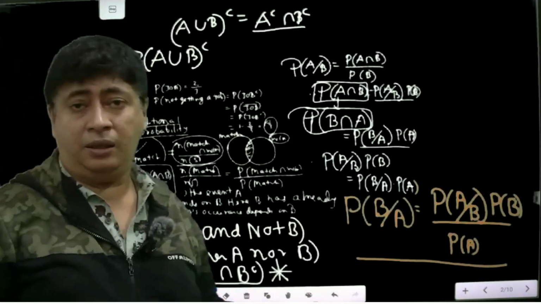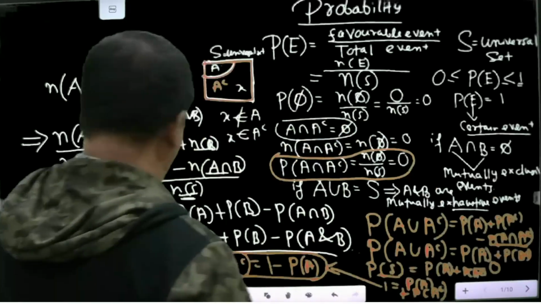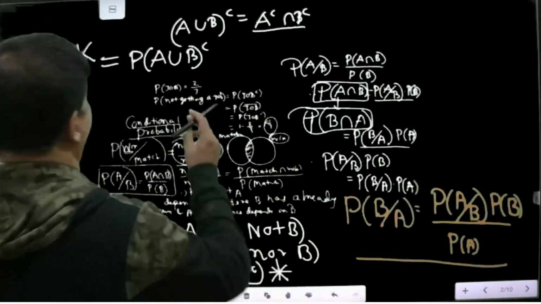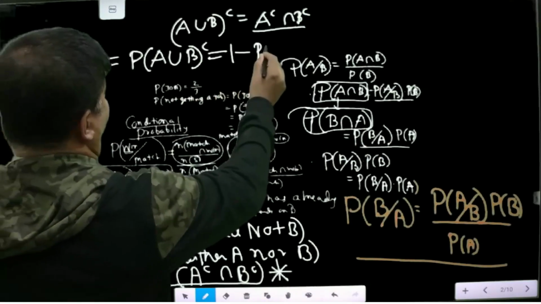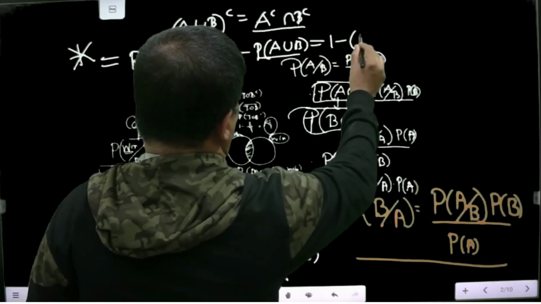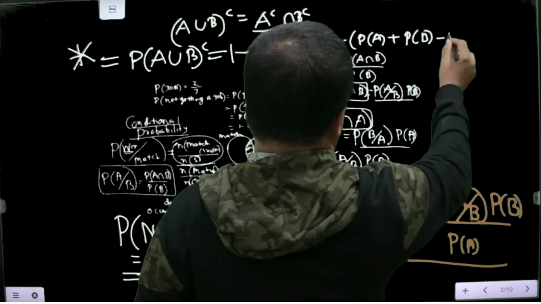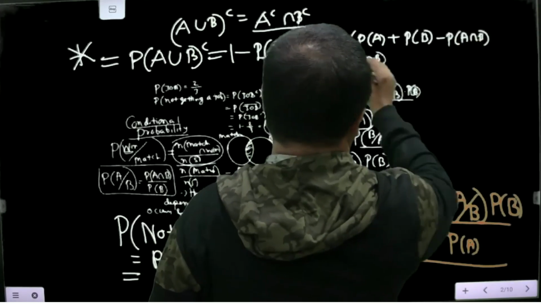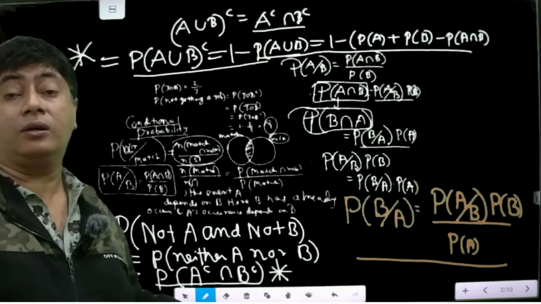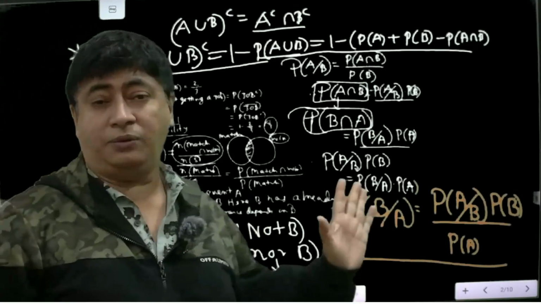Then PA complement is 1 minus PA, so use that: 1 minus P(A union B), and P(A union B) is P(A) plus P(B) minus P(A intersection B). So this is the way you can define the problem if the required event is neither A nor B. Understand? Hope up to this stage you have no doubt.